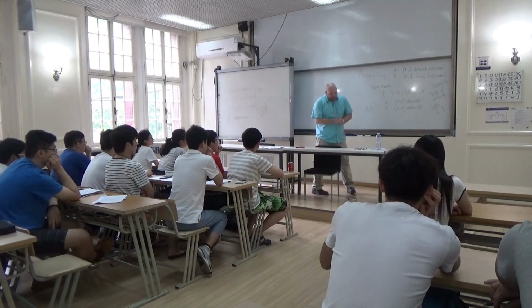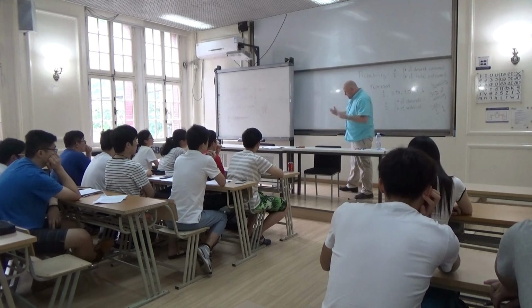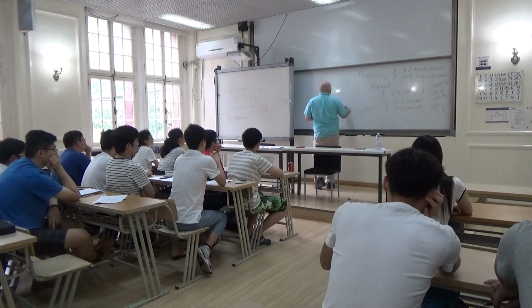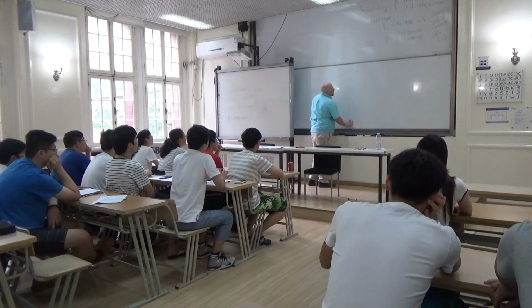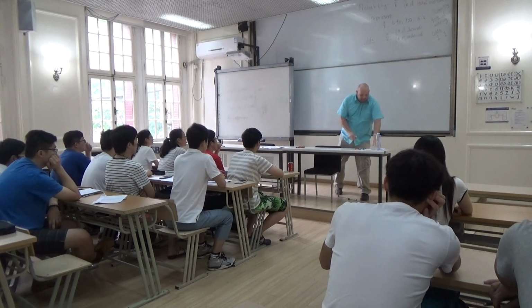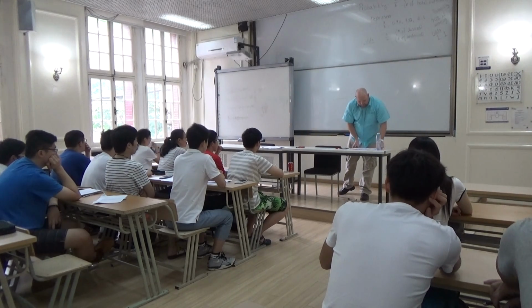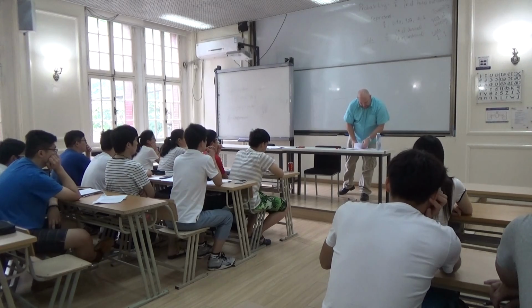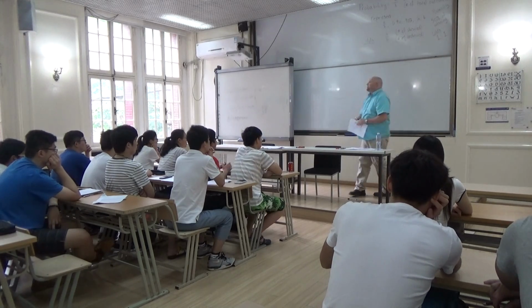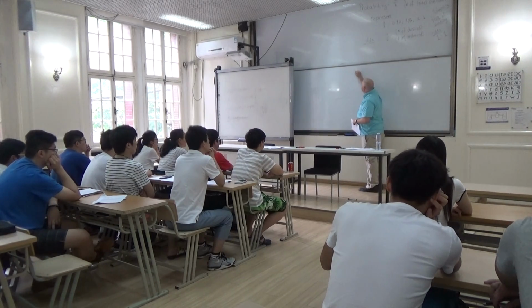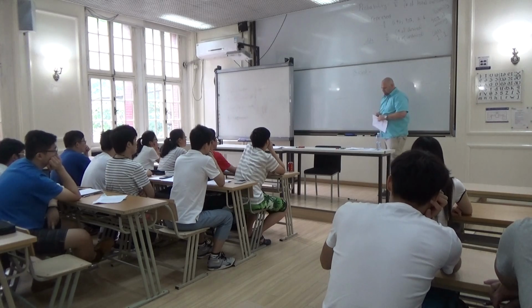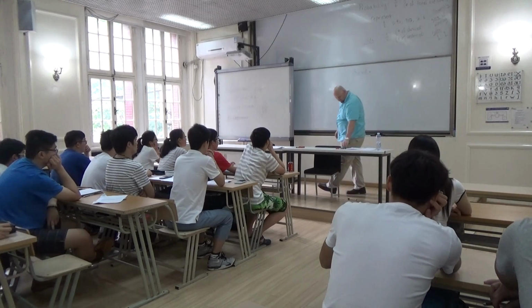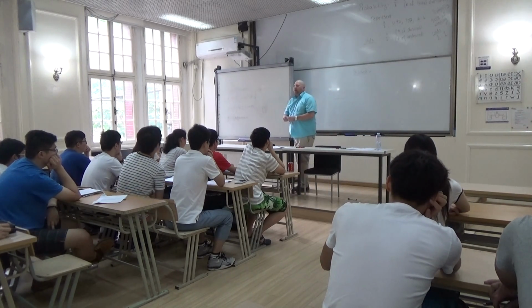Now, we've got some definitions that relate to probability. Our first definition is biased and unbiased. Say I have a biased coin.